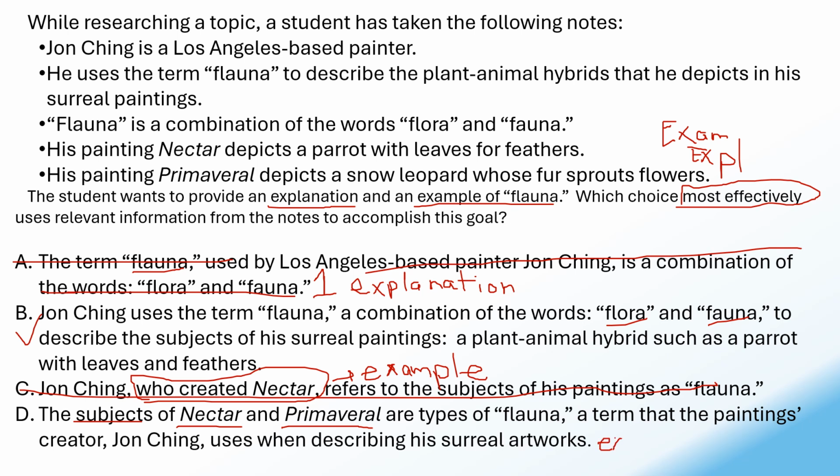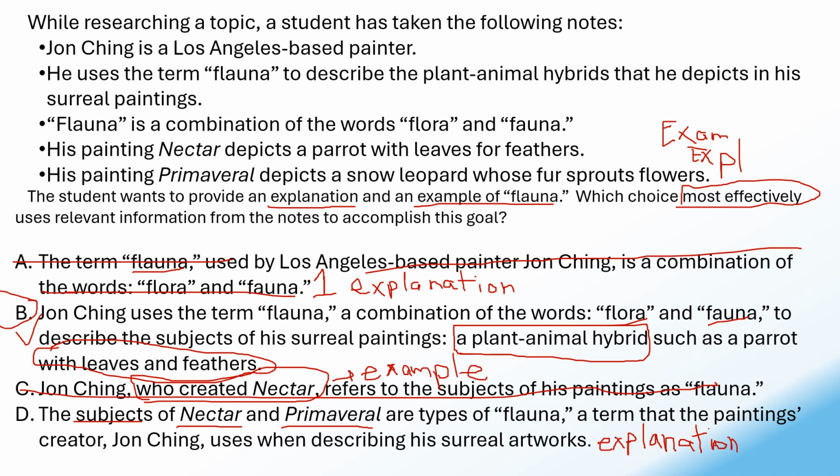So in other words, you have an explanation and you do have a pseudo or halfway example, but it's not complete. It doesn't do what B does. B tells you exactly a plant animal hybrid in the painting, such as a parrot with leaves and feathers. So your answer is B.